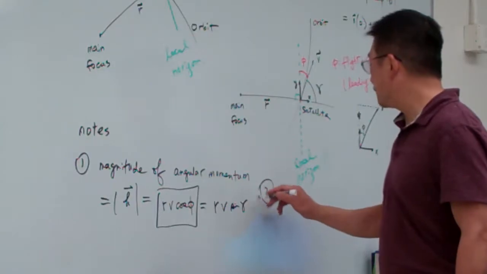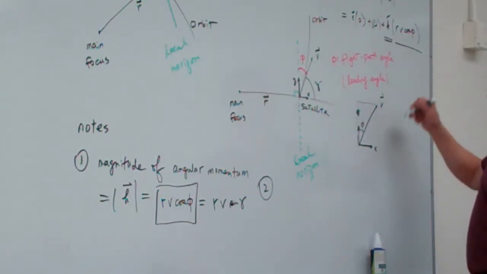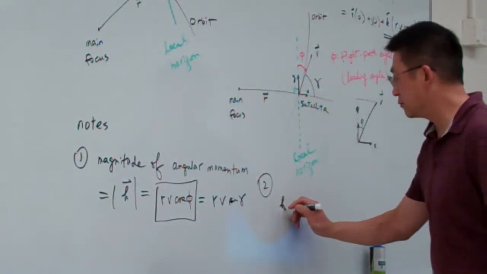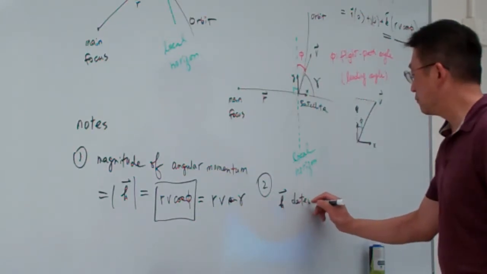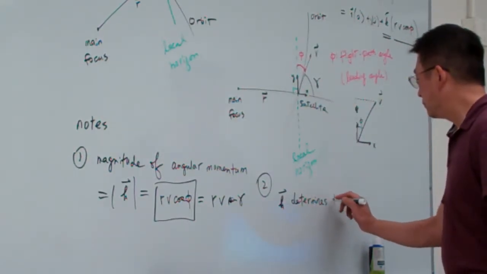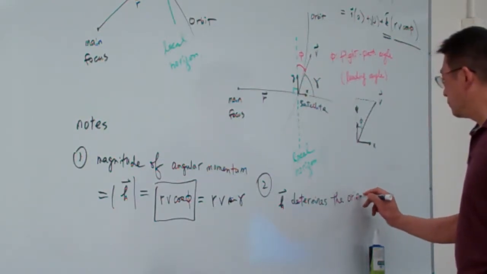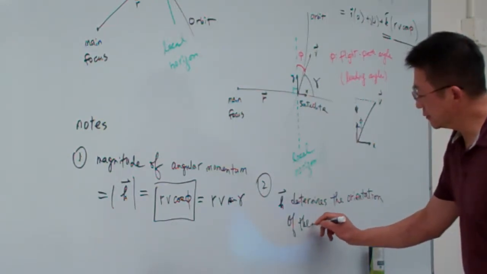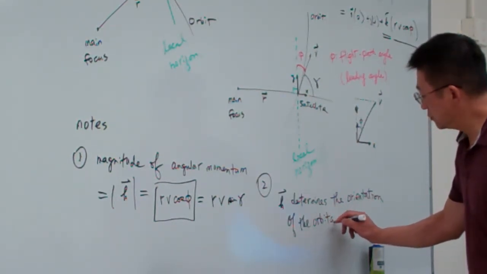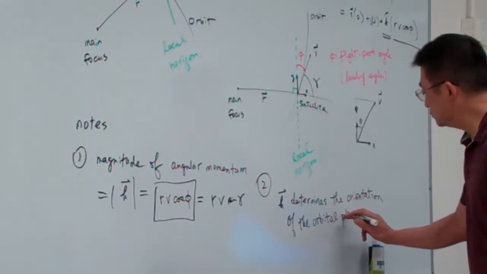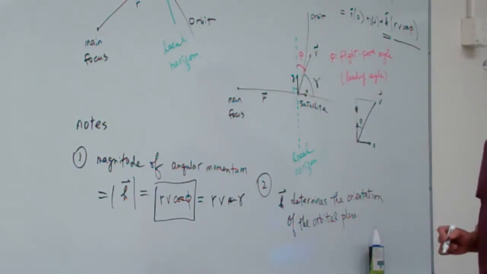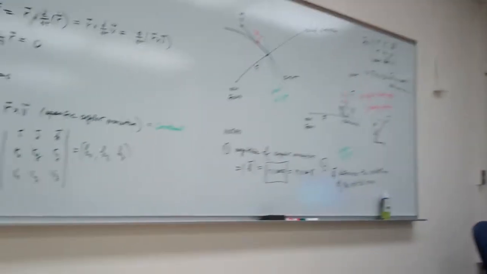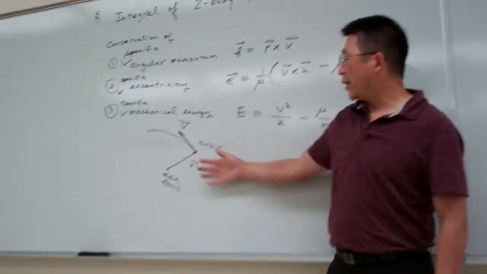Then the second one: from this calculation, h determines the orientation of the orbital plane. On our whiteboard drawing, I can only show the whiteboard plane.